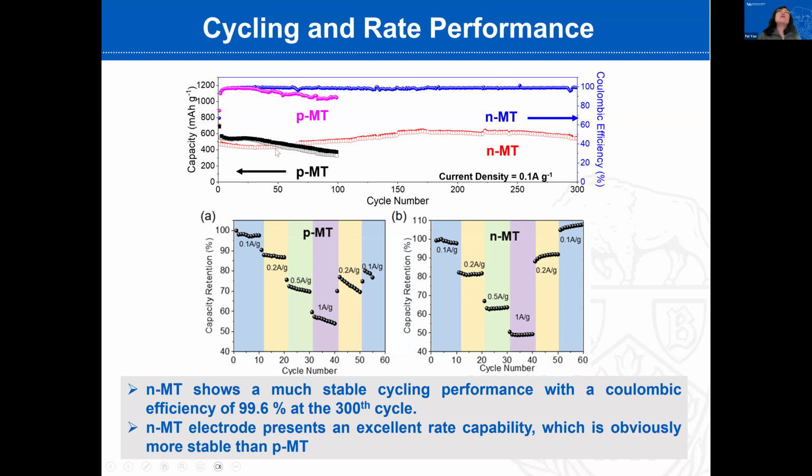But the pristine ones decay fairly fast. Also, the Coulombic efficiency of the treated sample showed fairly good stability as well. To evaluate the rate performance, we can see that the treated sample showed quite good stability upon varying the charge current density, indicating a better rate performance compared to the pristine ones.